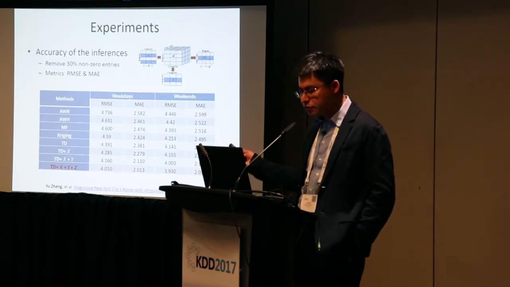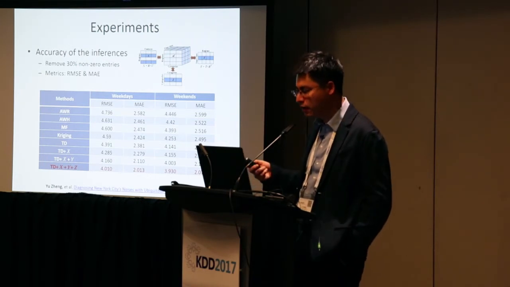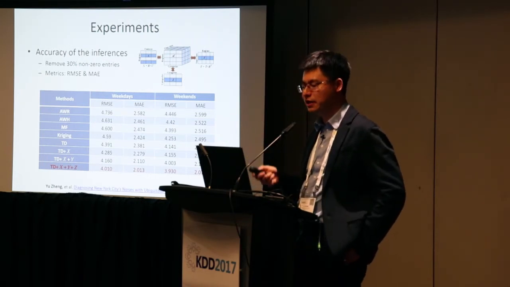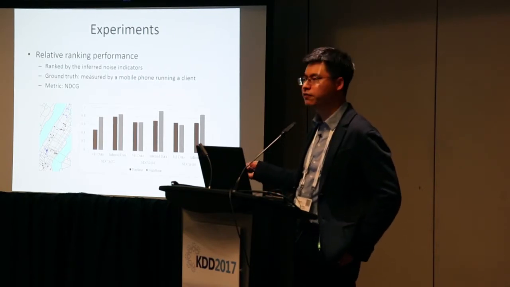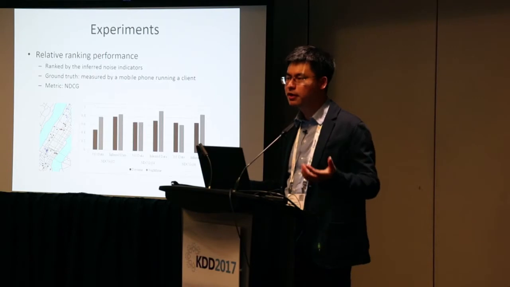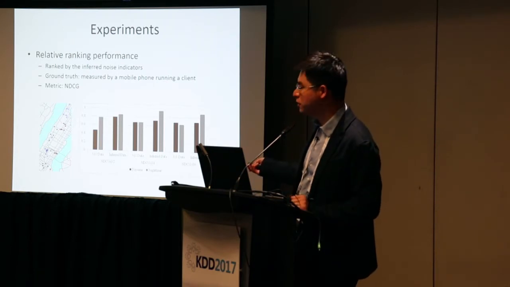Okay, this is an evaluation. We can drop out some locations and recover them. This is one type of method. But we also do a real-world study. We send our students to measure the noise situation in different locations using a noise meter. But as I said, what we infer is not sound level, so we cannot use this ground truth directly.